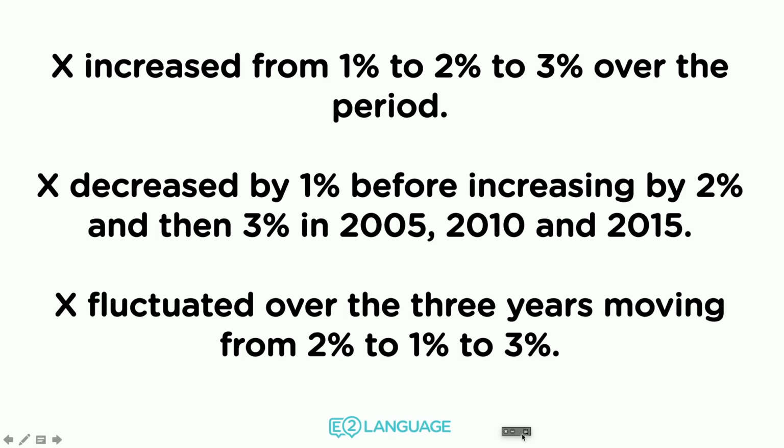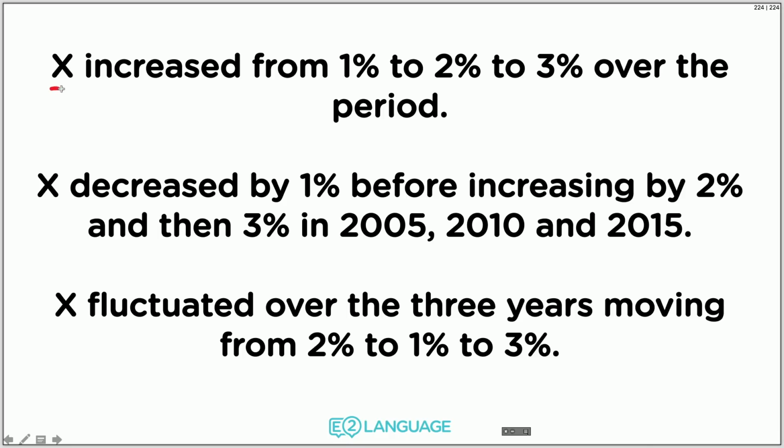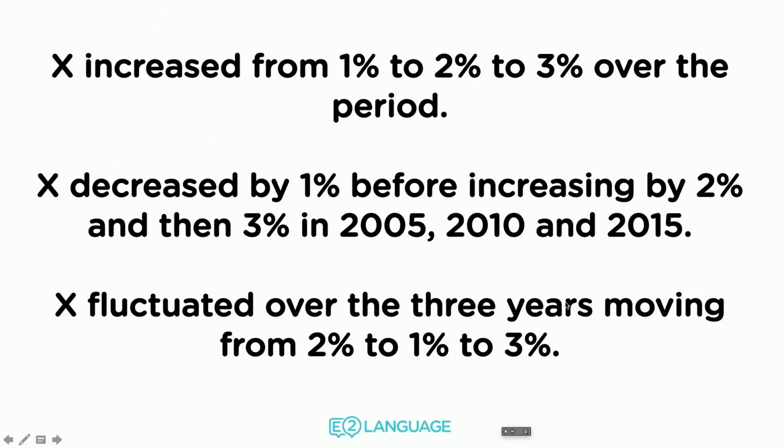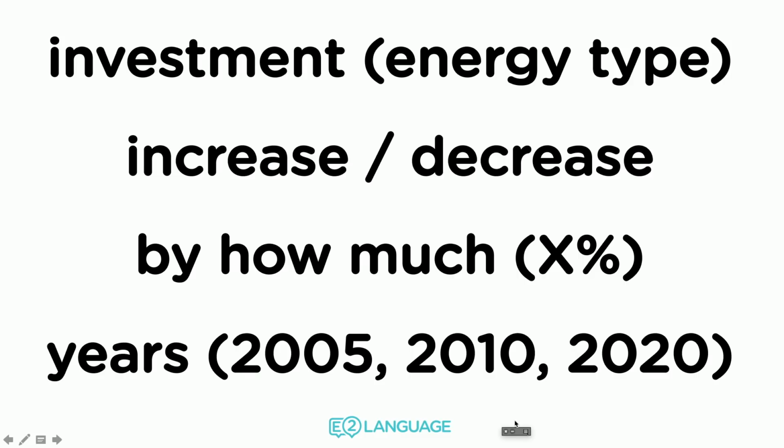So really, we're combining bits of information. We want to include the investment type. We want to say whether it went up or down or fluctuated. We want to include by how much, because we're including the data, and we want to include the years. So, what are the 4 bits of information?